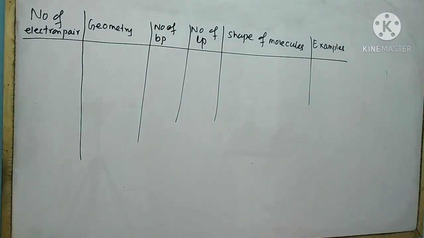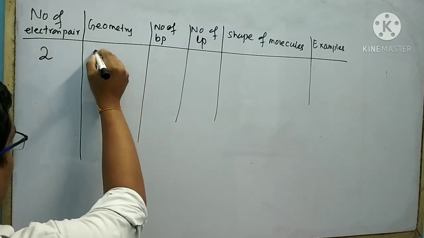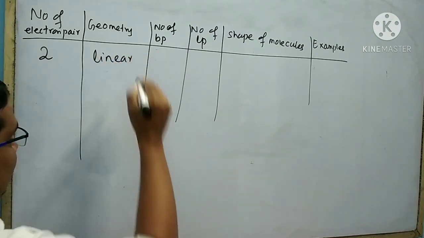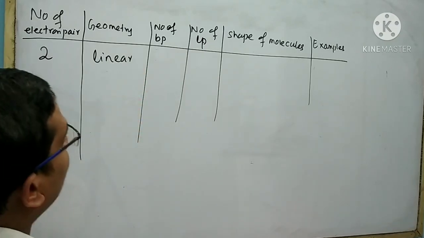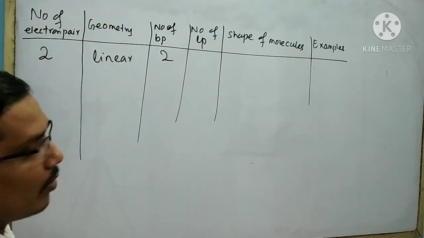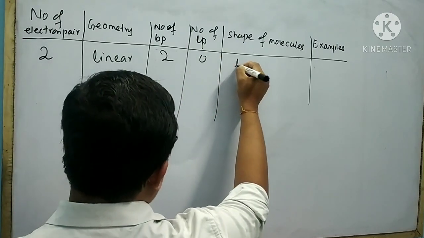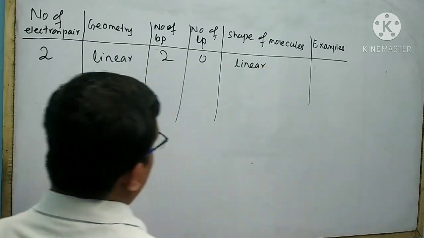Suppose the central atom of a molecule has two electron pairs, then the geometry of the molecule is linear. If the number of bond pairs is 2 and lone pairs is 0, then the shape of the molecule is also linear.